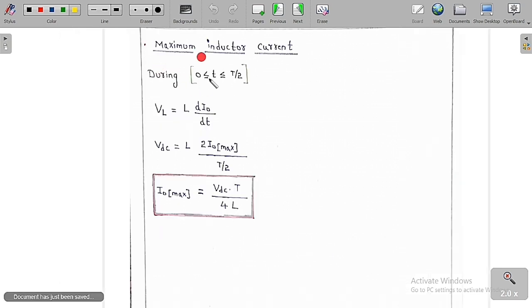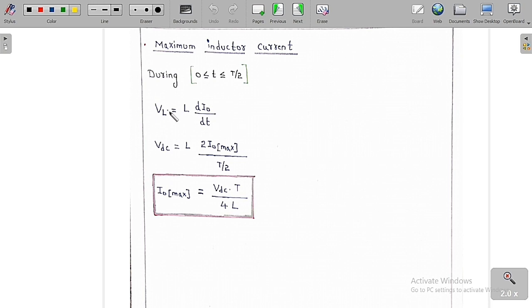If you want to find the maximum inductor current, it is very simple. See, from 0 to T by 2, the output voltage is equal to plus VDC. As the output voltage is equal to plus VDC, by using the voltage and current relationship across the inductor, V naught is equal to L di naught by dt, because V naught is the inductor voltage.